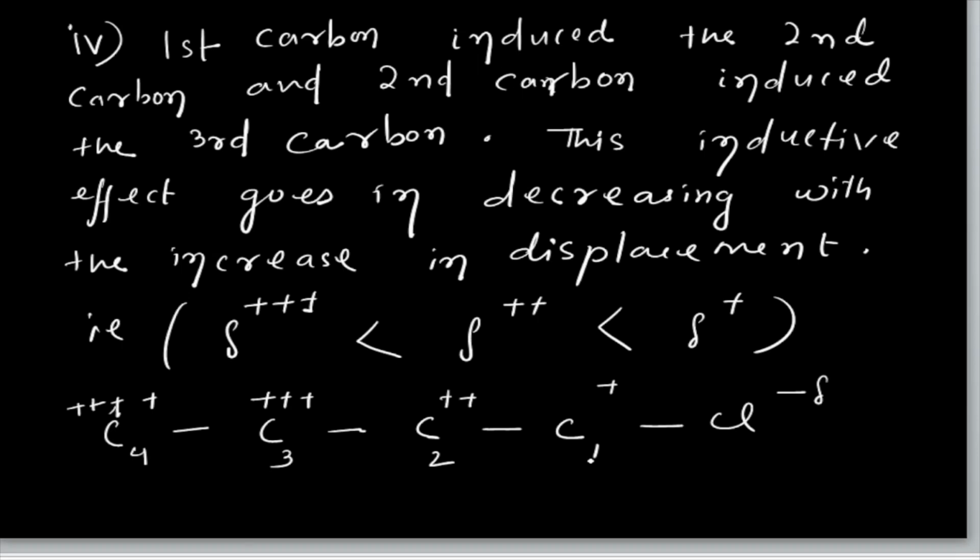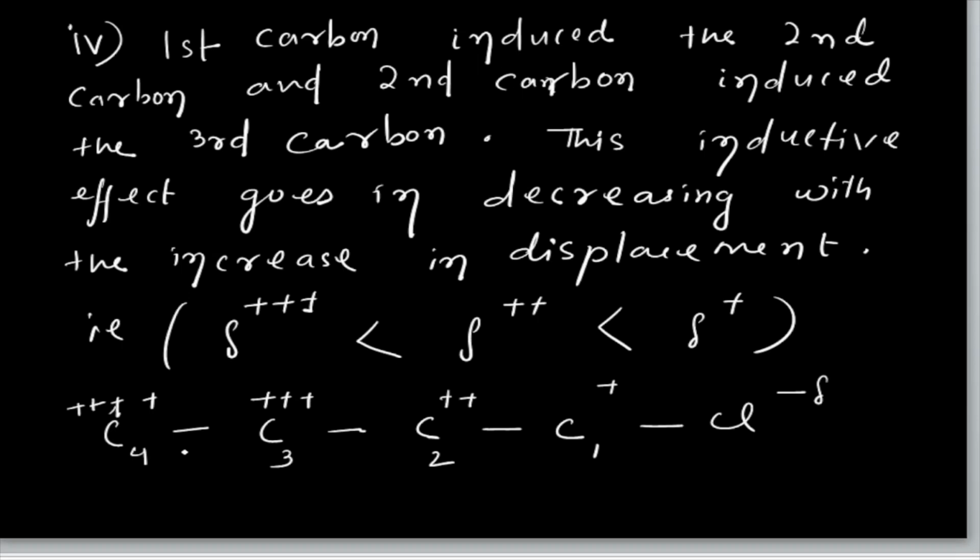That means C1 is induced by the Cl with negative charge, and the first carbon acquires a positive charge. The second carbon is induced by the first carbon, and the third carbon is induced by the second carbon. Like this, you can observe it acquires one delta positive here, 2 positive, 3 positive, 4 positive.